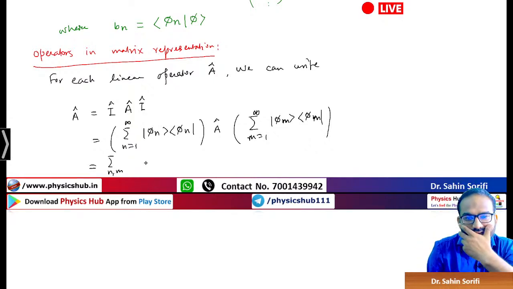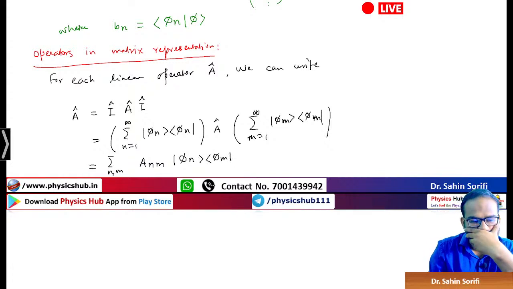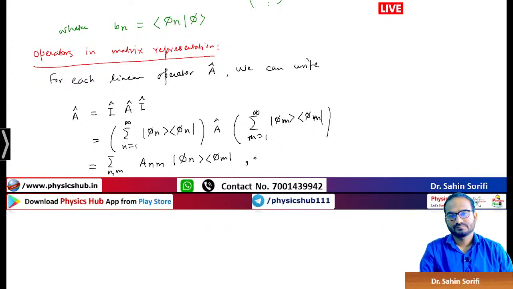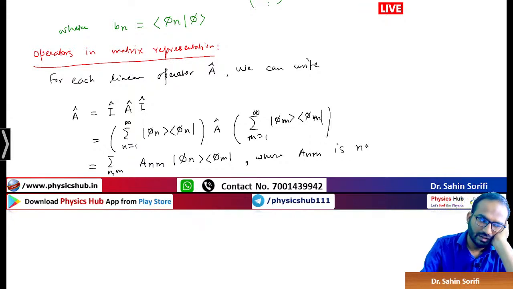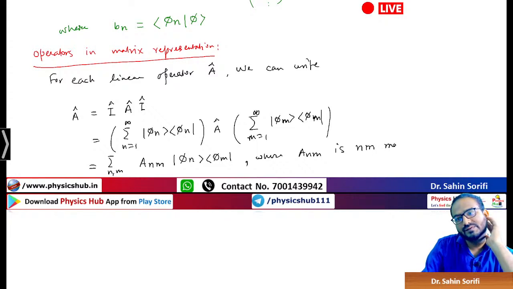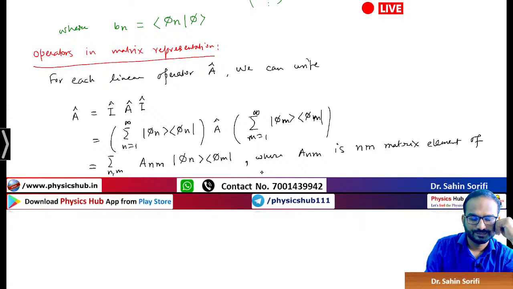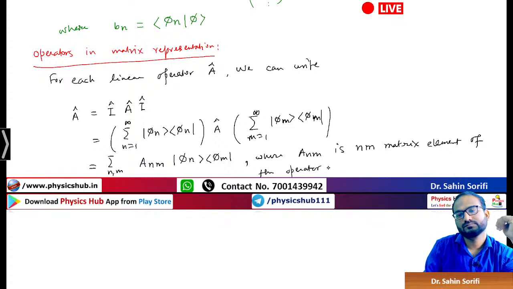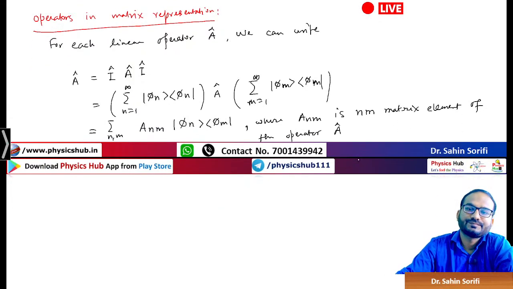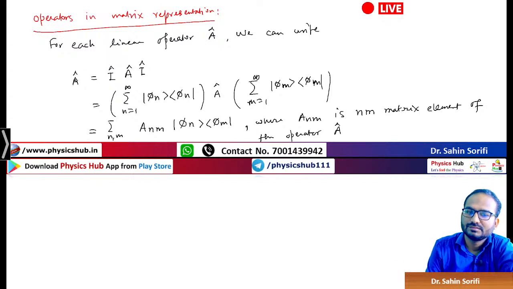So this can be written as the sum of Anm times ket phin bra phim, where Anm is the nm matrix element of the operator A. Now A is an operator; let's say it is an n by m matrix, n number of rows, m number of columns.